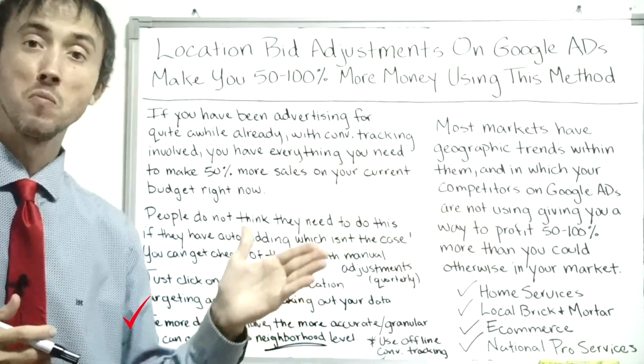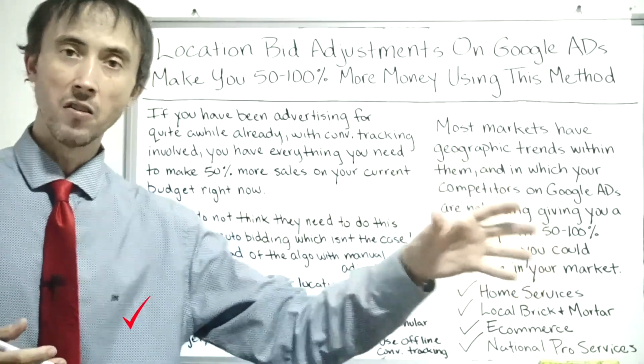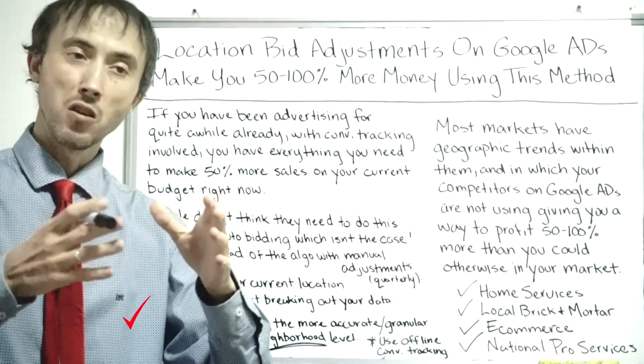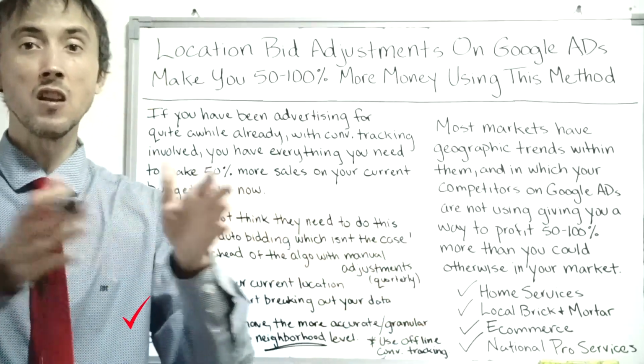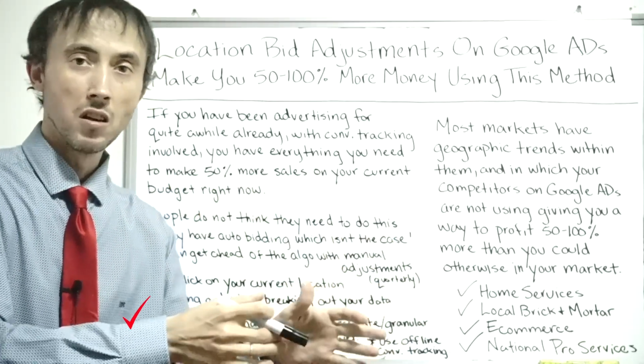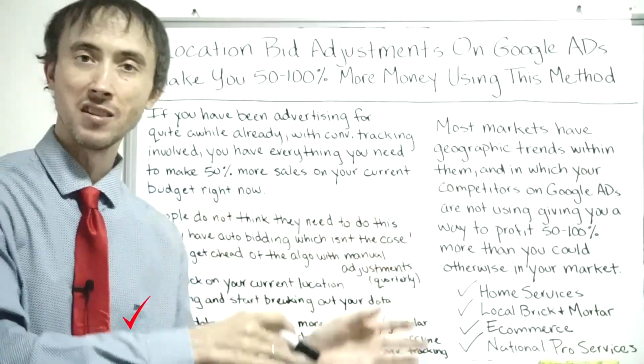Then you just switch to doing manual bid adjustments on the city level, which will make your account better. Your campaign will do better because you're adding manual bid adjustments than if you didn't add manual bid adjustments. But you just shifted to doing the manual bid adjustments on the city level instead of the state level, if that makes sense.